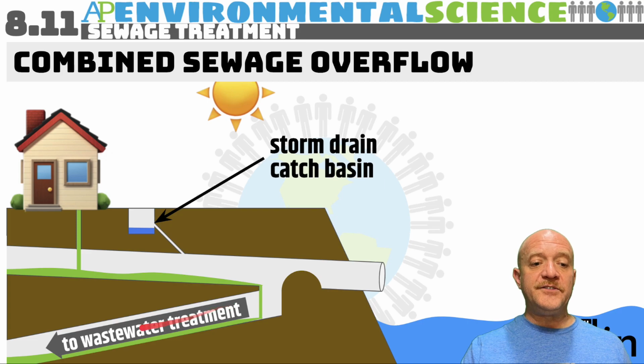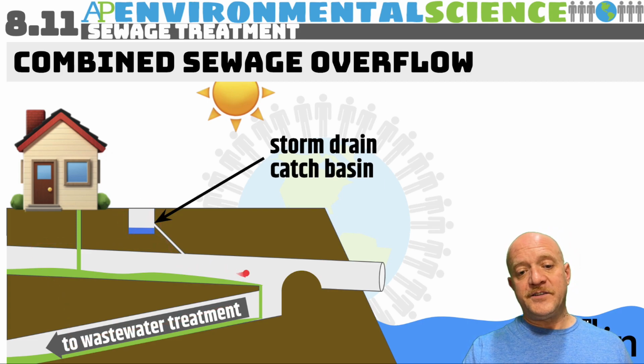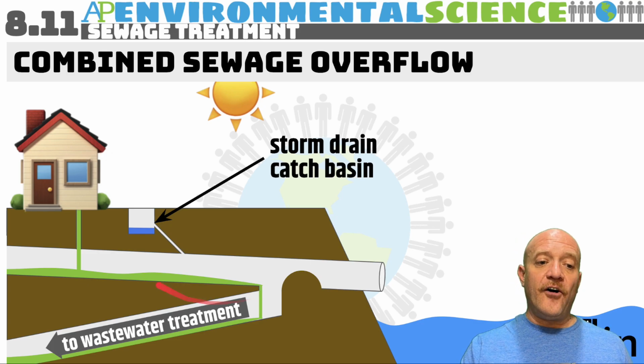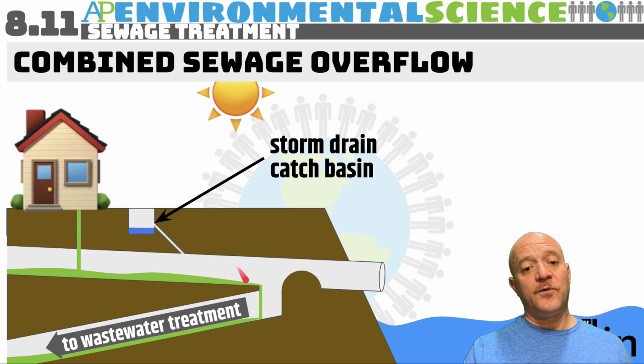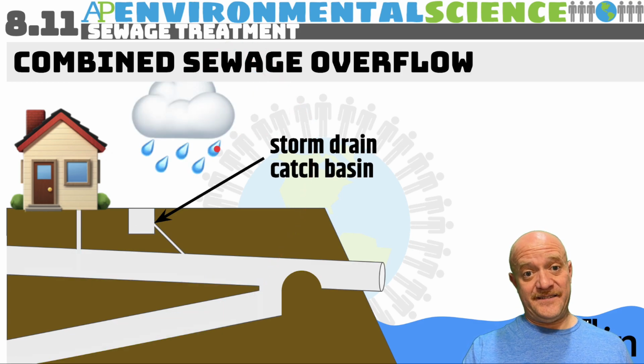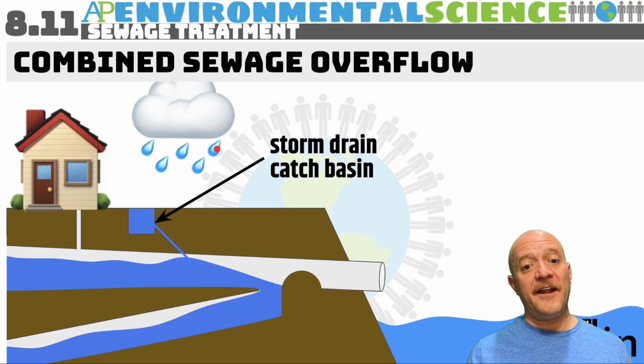So this will go into wastewater treatment. That means some of the water from the street will go into wastewater treatment, and all of the sewage from the households will go into wastewater treatment. But note, that's on a sunny day. So what happens when it rains? Well, you build up a lot of water from these storm drains. And oftentimes this is good enough that this can be treated by the wastewater treatment plant.